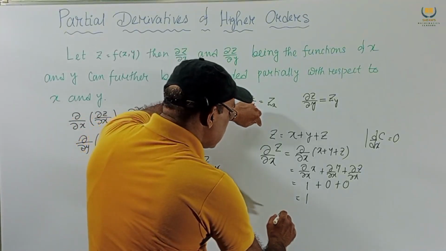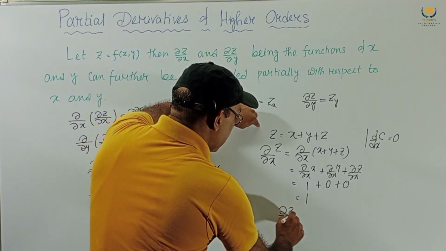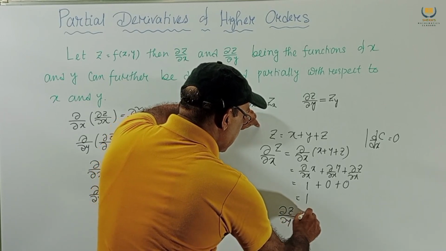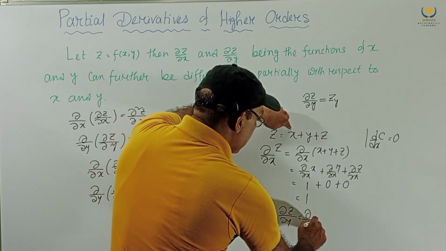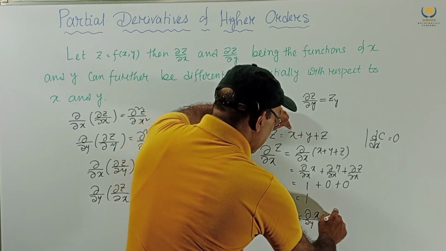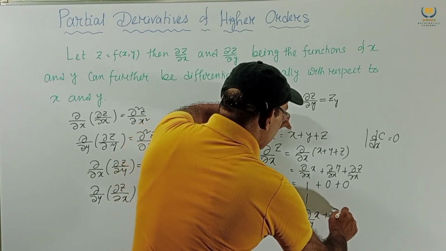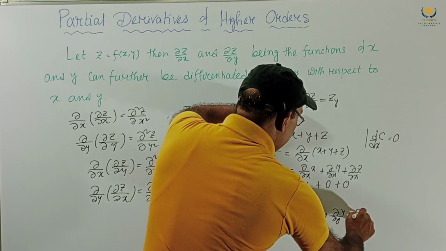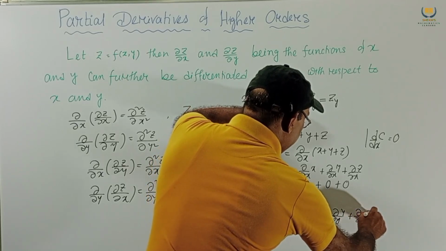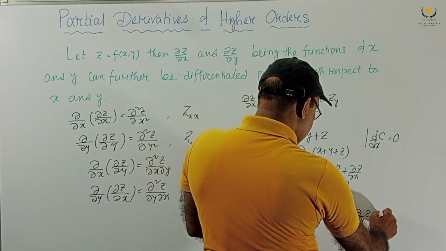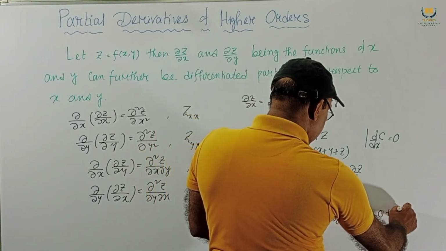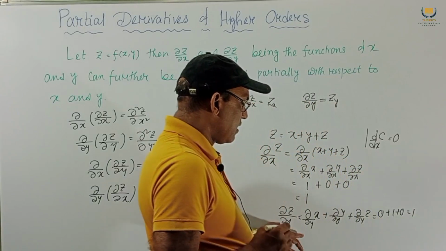Again if we differentiate with respect to y partially, then we get del y x, del y y, del y z. This is 0, this is 1, this is 0, this will be 1.